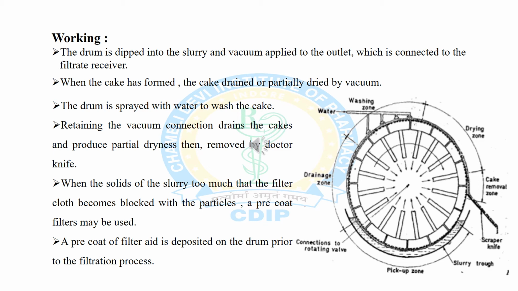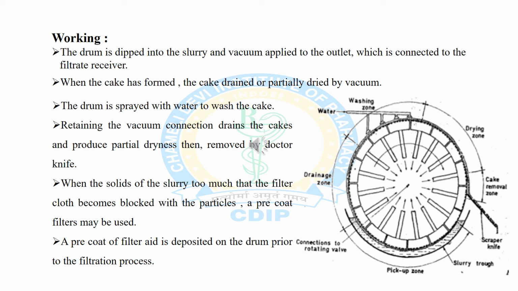In the fourth point, retaining the vacuum connection drains the cake and produces partial dryness, and then it is removed by the doctor knife. These steps are completed consecutively in the drying zone as well as in the cake removal zone.